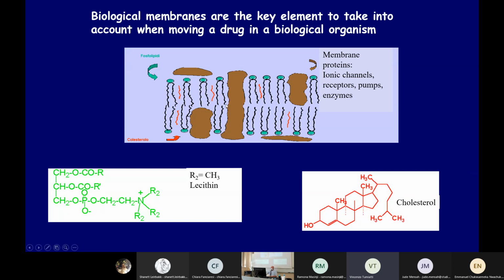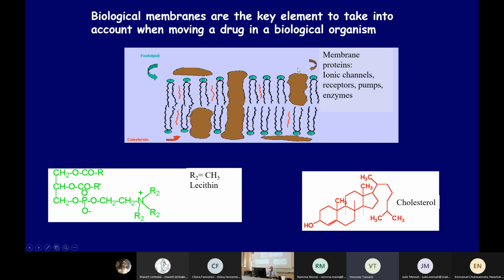This is the model of a membrane, you know, you have seen a lot of examples in physiology, and so your drug can cross the membrane through the double phospholipidic layer, or by taking some shortcuts.